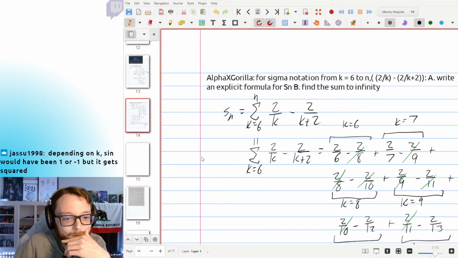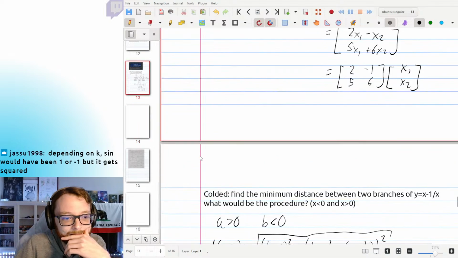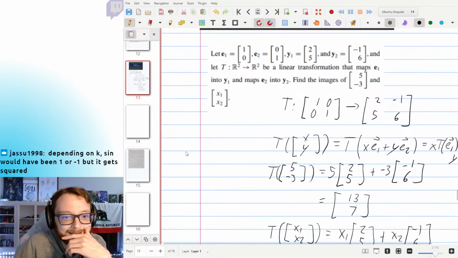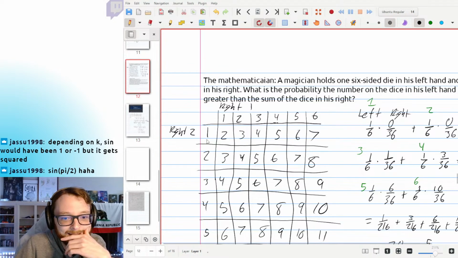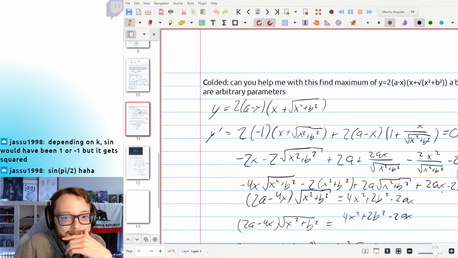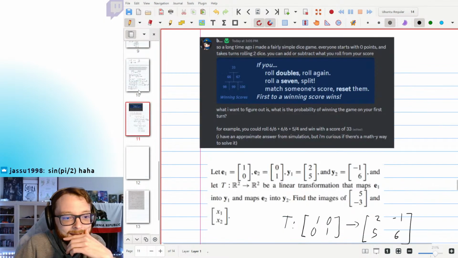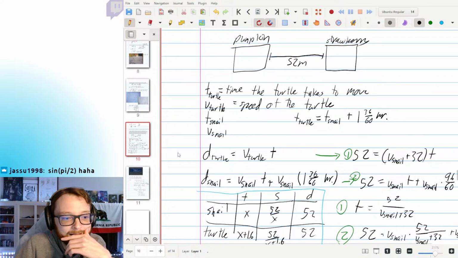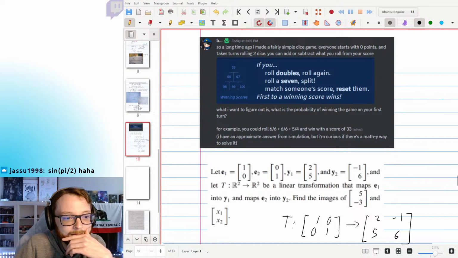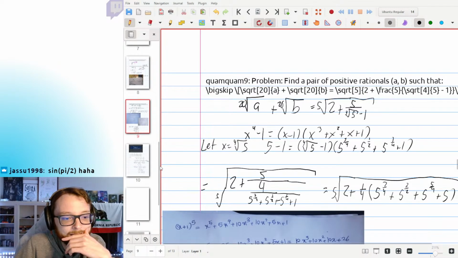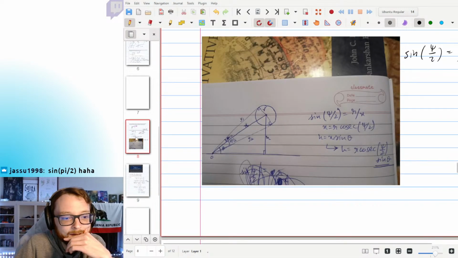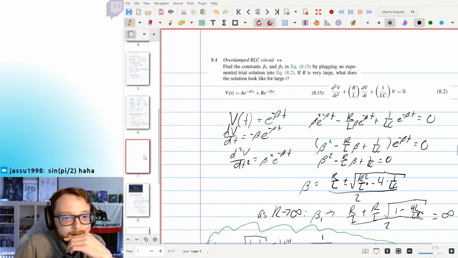But either way, it gets squared away anyway. We don't need that anymore.